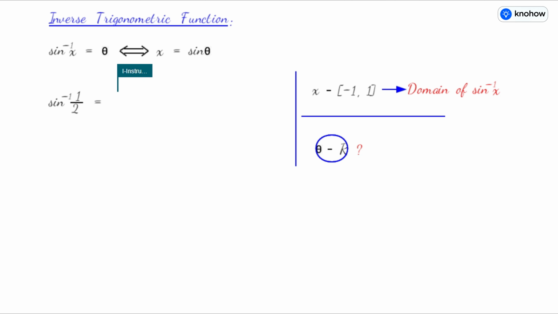As per definition, it is an angle such that sine theta is half. In the first quadrant sine is positive. What is that angle whose sine is half? It is 30 degrees or pi/6. So we can safely say that sine inverse half is pi/6 or 30 degrees.